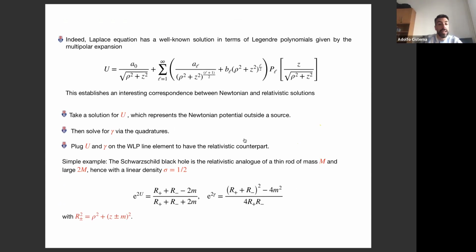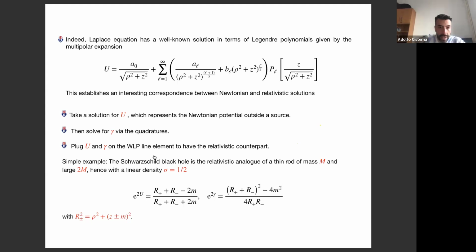And actually, getting Schwarzschild is much more difficult, and the Newtonian interpretation of the Schwarzschild solution is not a spherically symmetric point-like source, but a thin rod of mass m and length 2m. When you have this rod of length 2m and mass m, the density is constant, 1/2.